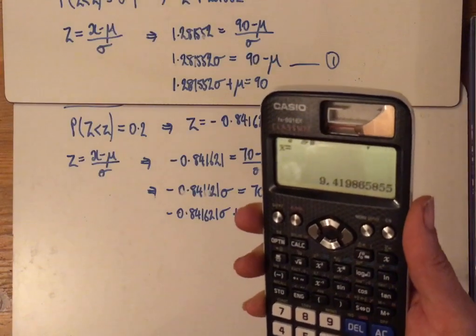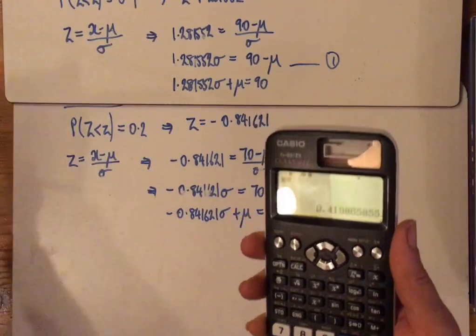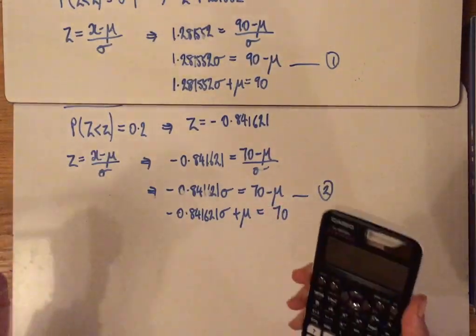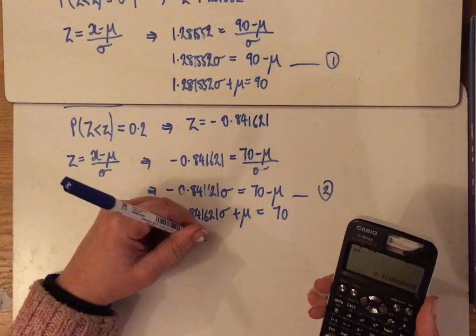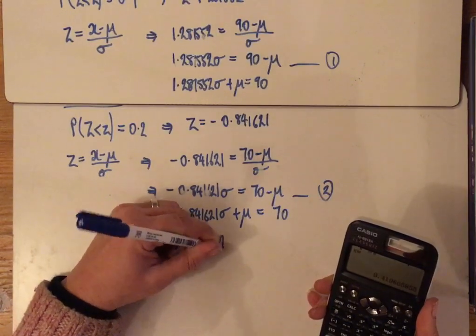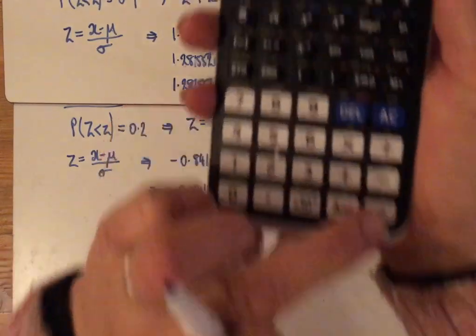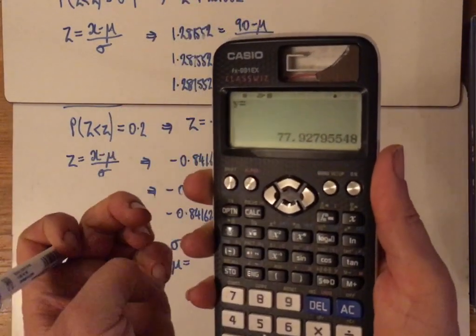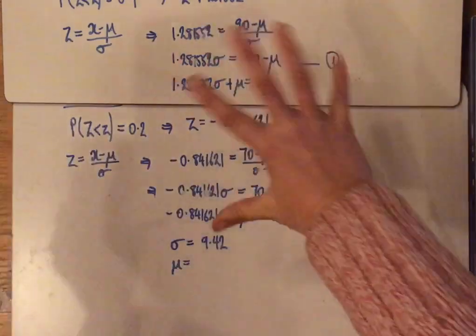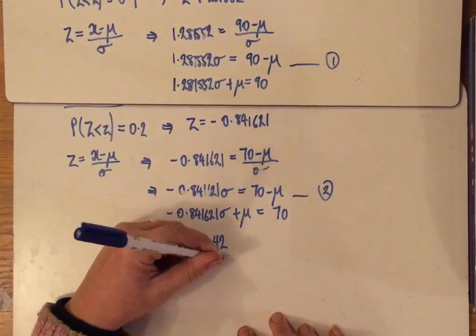Reading off of there, the standard deviation is equal to 9.42, and the mean, if I press equals again, is equal to 77.9.